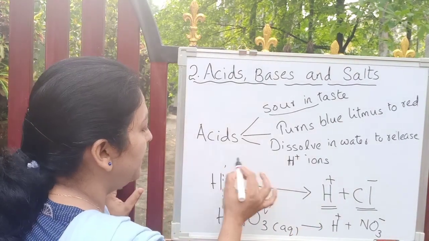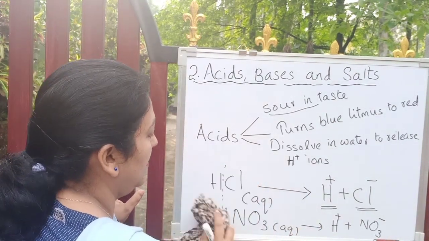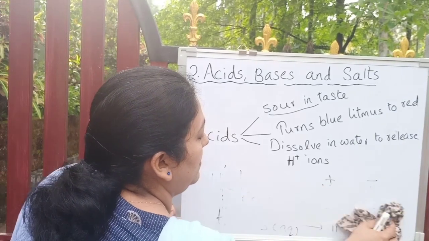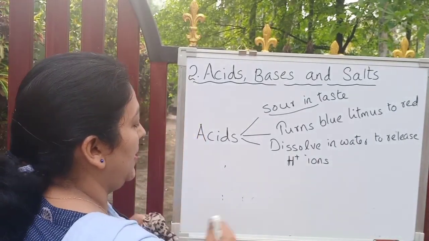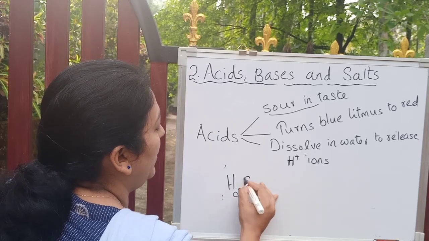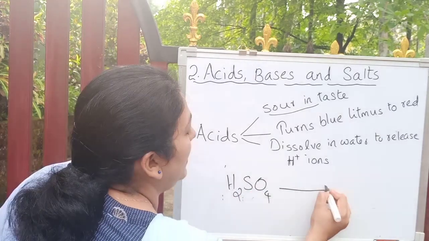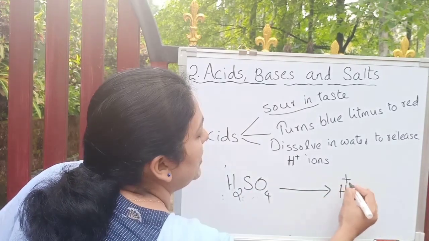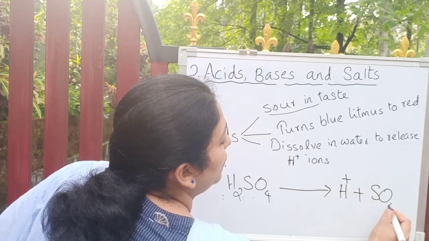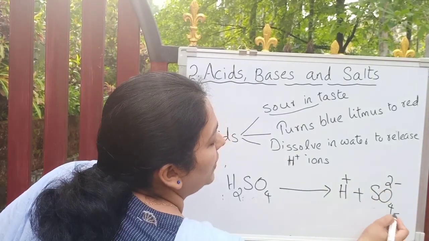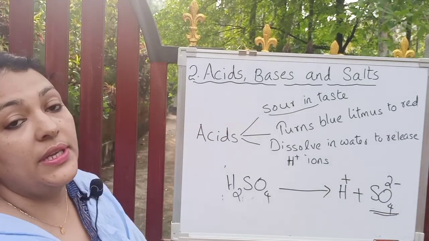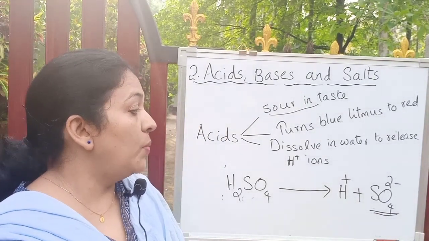I'll write on the board. H2SO4 similarly will split into H plus and SO4 2 minus. You know the valency of the sulfate ion is 2, therefore 2 minus ions.